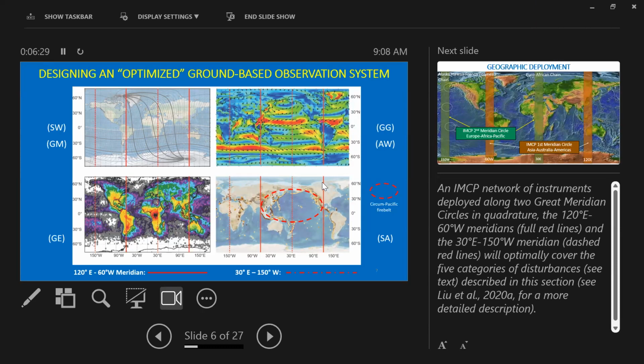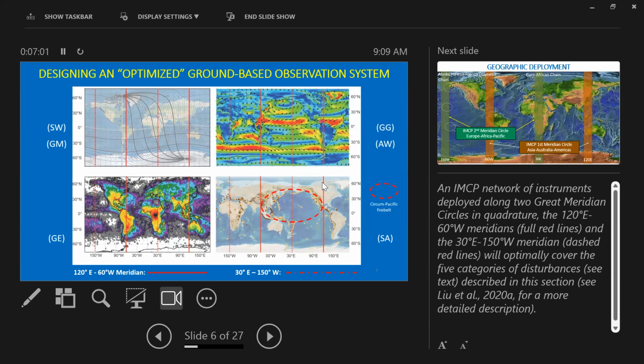To the upper right, you have a map of the surface wind in the atmosphere. It shows essentially that there is a big contrast between the ocean hemisphere, I mean the Pacific, and the land hemispheres. So we need to capture that also. And for that, we need a second meridian, 30 degrees east, 150 west, that will go through the central Pacific, and on the other side, through Africa and Europe.